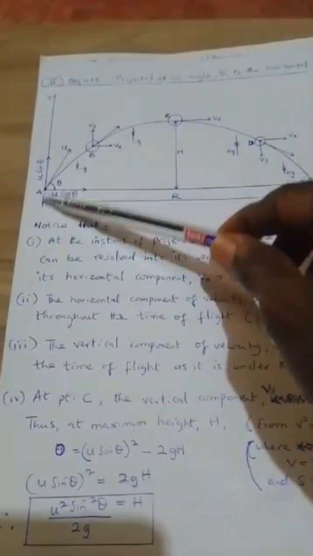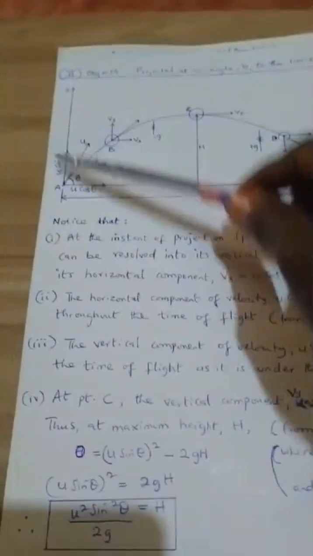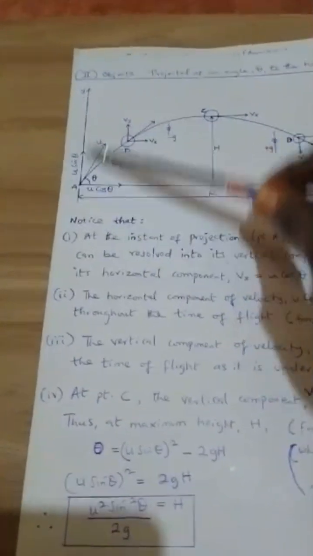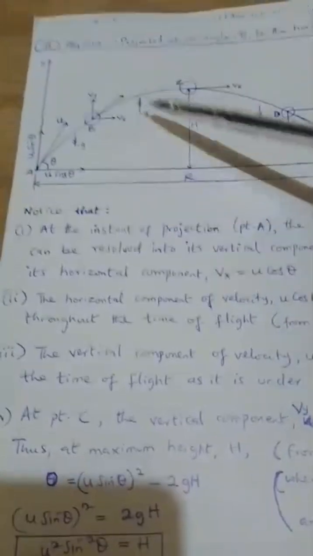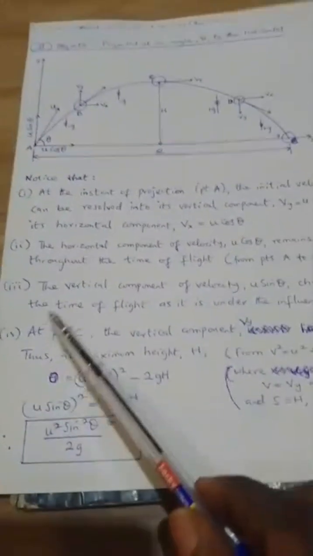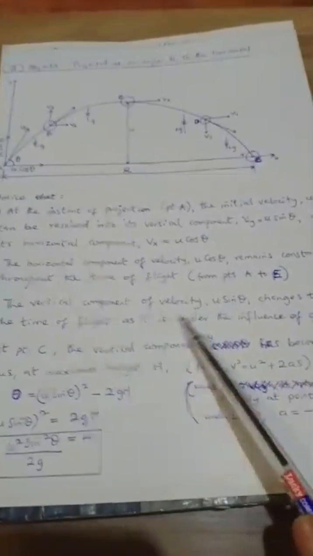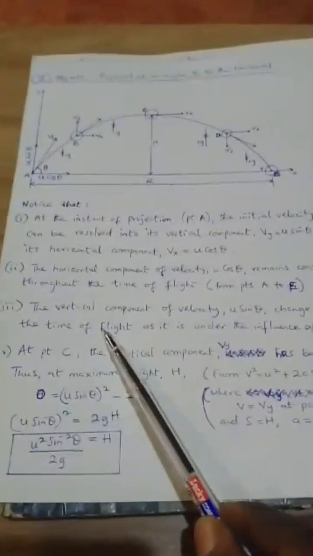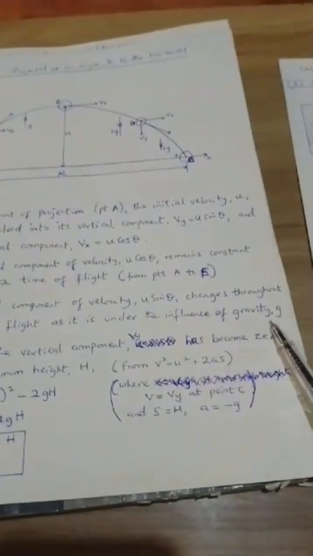It's only u sine theta, the vertical component, that lifts the projectile off the floor. Anything that lifts the ball off the ground would definitely be affected by acceleration due to gravity. So that takes us to point 3. The vertical component of velocity, u sine theta, changes throughout the time of flight as it is under the influence of gravity g.